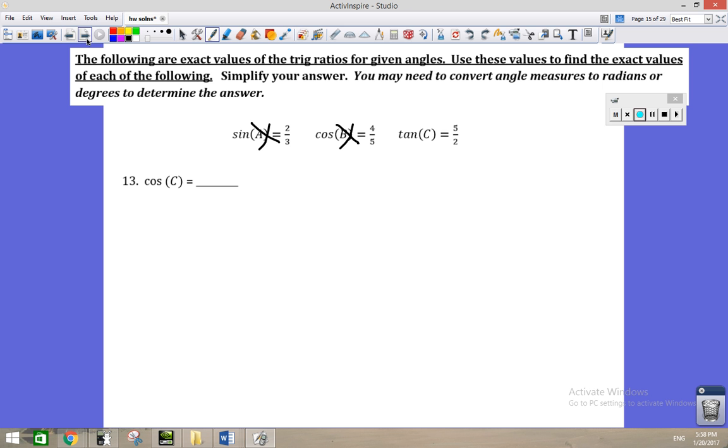So what we could do here is we know that cosine and secant are reciprocals of each other, and I know that the secant squared of angle C is going to be the same thing as 1 plus the tangent squared of angle C from my Pythagorean identities.